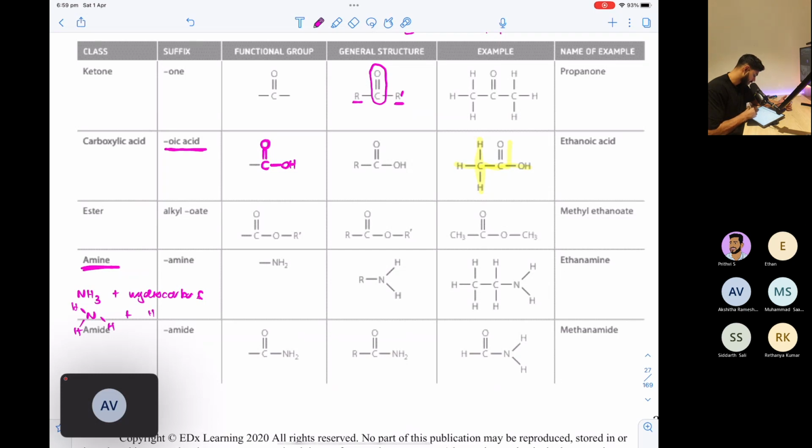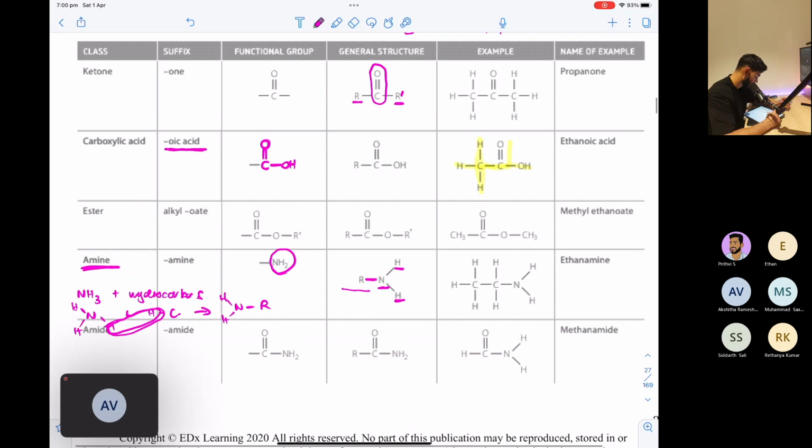When it combines with the hydrocarbon, what ends up happening is the nitrogen will connect like this to the carbon chain. So you see it's NH2 at the end because one hydrogen came off when it combined with another hydrogen from the hydrocarbon chain. The general structure of an amine is hydrocarbon chain, then the ammonia, but there's two hydrogens instead of three. The third came off, so the amine could form the bond with the main chain.